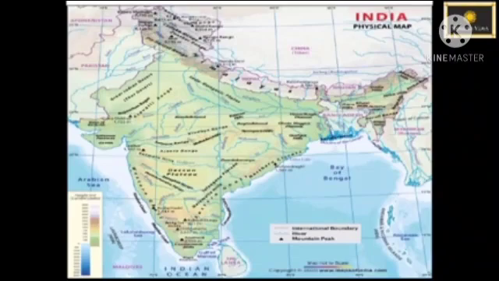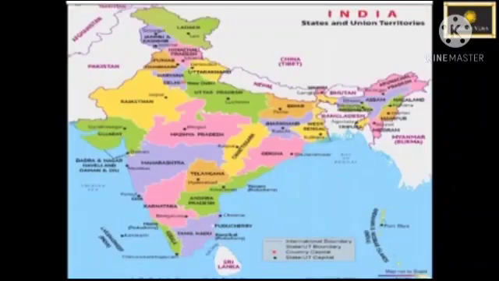Physical map. It shows the physical features of the earth like mountains, plains, plateaus, etc. Political map. It shows boundaries of towns, cities, states and countries.